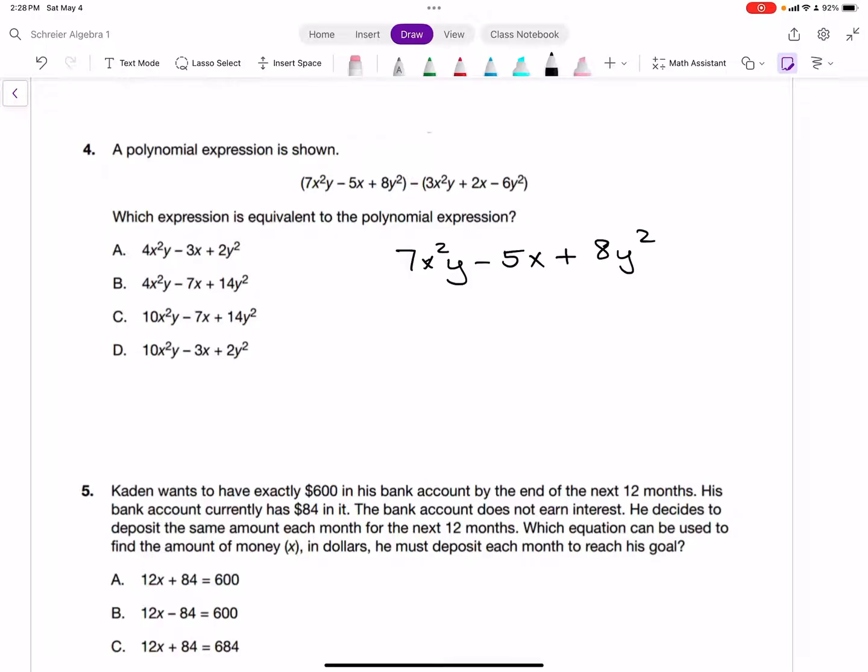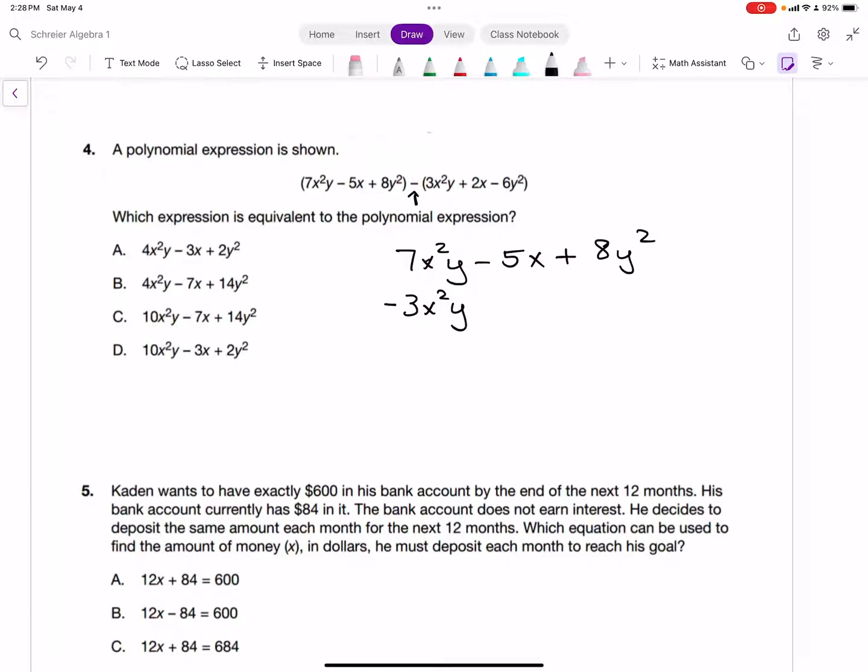And we're subtracting, which is the harder type. Because when we're subtracting, we're going to have to change the signs of all of the terms in the second polynomial. So instead of 3x squared y, we're going to have negative 3x squared y.